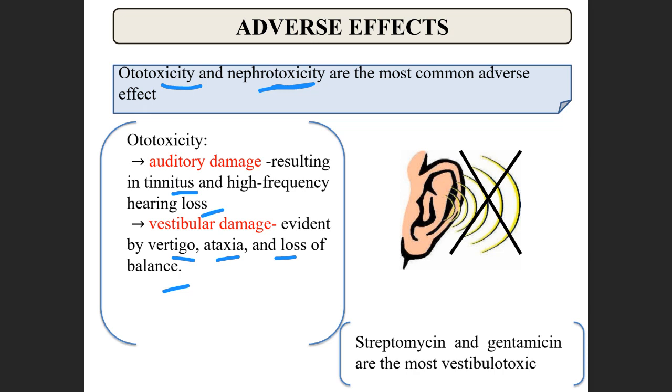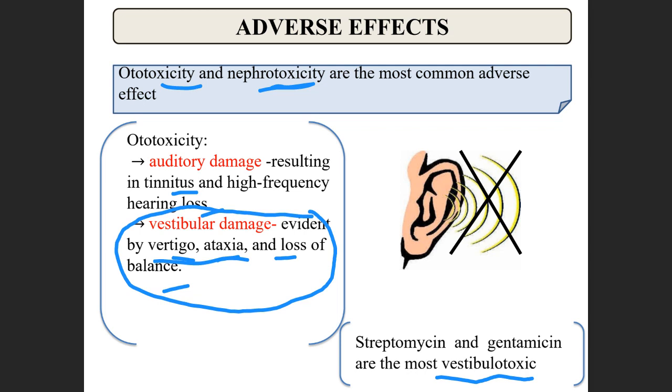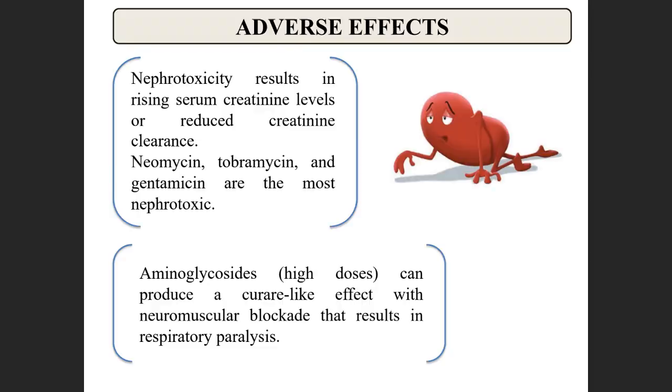So the person cannot balance or walk properly. Vertigo means feeling dizzy, and other issues can happen to the patient. Streptomycin and gentamicin mostly cause vestibular toxicity, which may cause vertigo and loss of balance to the patient.